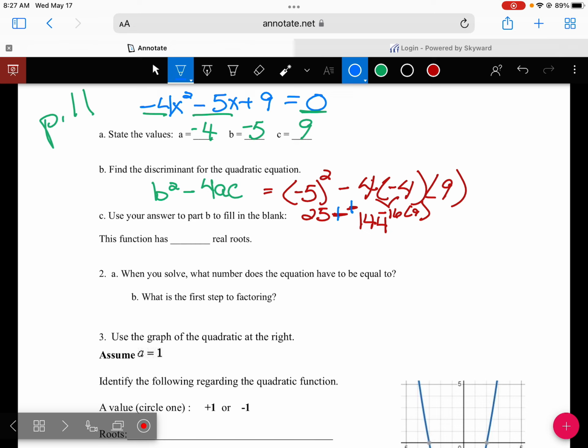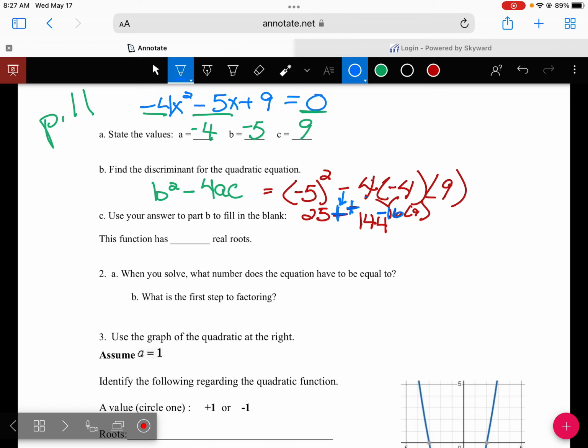Well, this went to my minus sign, and here I have 4 times negative 4 is negative 16. Negative 16 times a positive 9 gave me the negative 144. So you're subtracting a negative, which we can't do, and that's why I changed it to adding the opposite.